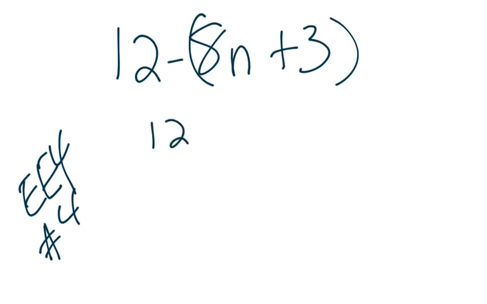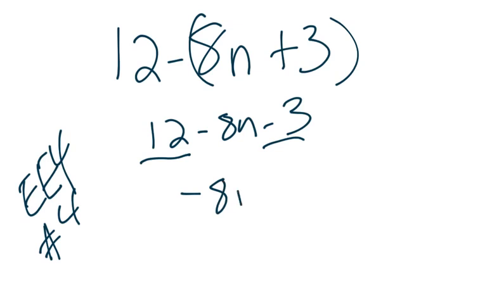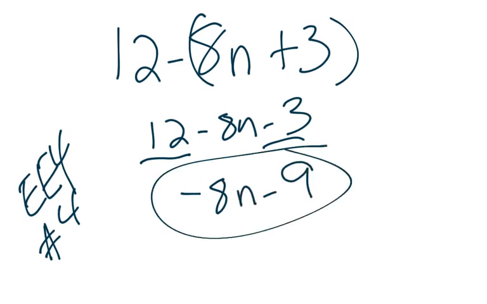Then this 8n is going to become negative 8n, and this positive 3 is going to become negative 3, okay? So then what I'm going to do next is combine my like terms. So I have 12 minus 3. So I end up with negative 8n minus 9 for my answer, okay? But that's a tricky one, so I can see why you didn't get that one. We did that one together in class, okay?